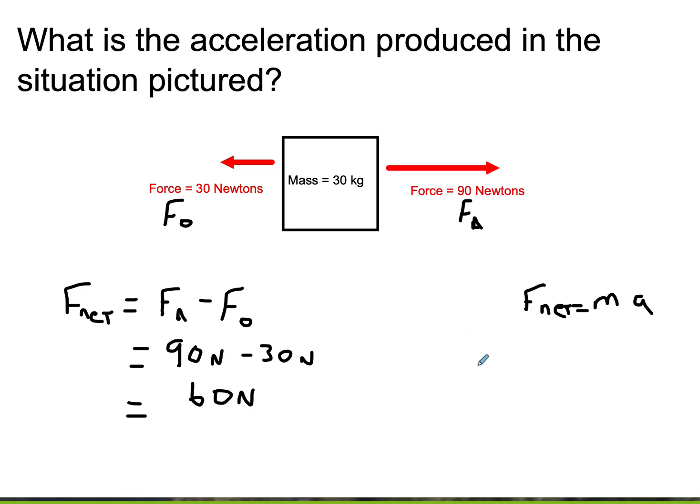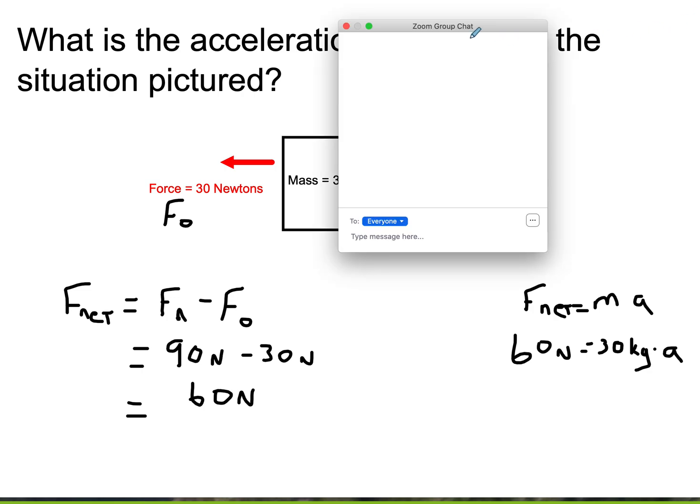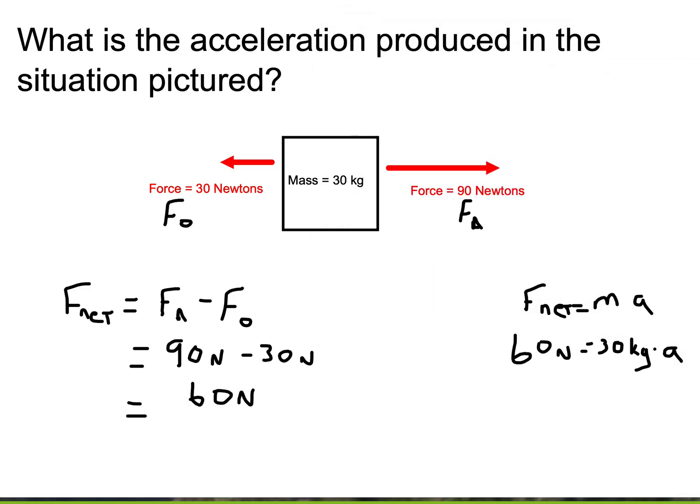So now I can plug it into this equation because I know the net force, it's 60 newtons. I know the mass, that's 30 kilograms. So all I'm left with is trying to find the acceleration. And then someone either shout out or write in the chat, how am I going to find A?